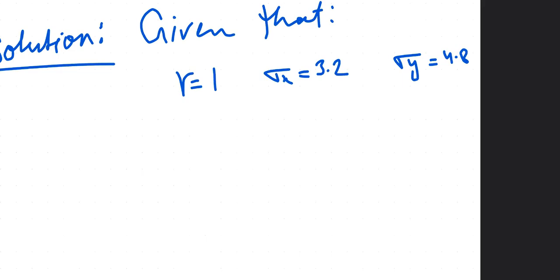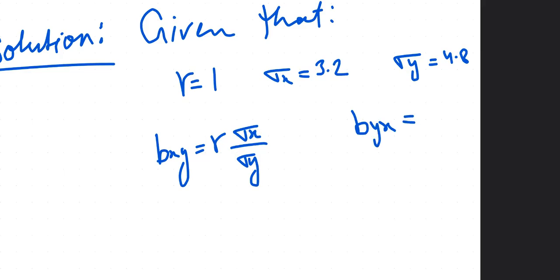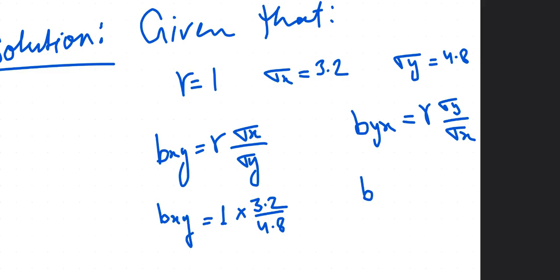So let us find the solution. Given that r is equal to 1, sigma x is equal to 3.2, sigma y is equal to 4.8. bxy is equal to r into sigma x over sigma y, and byx is equal to r into sigma y over sigma x.